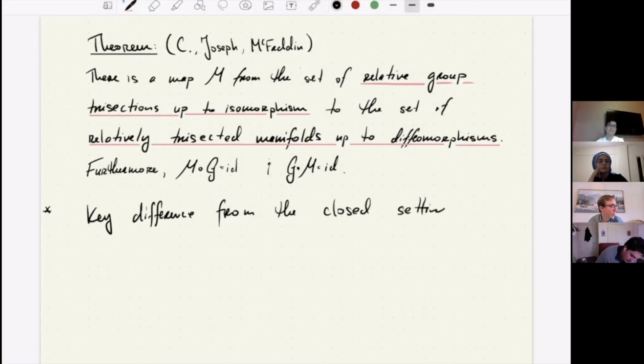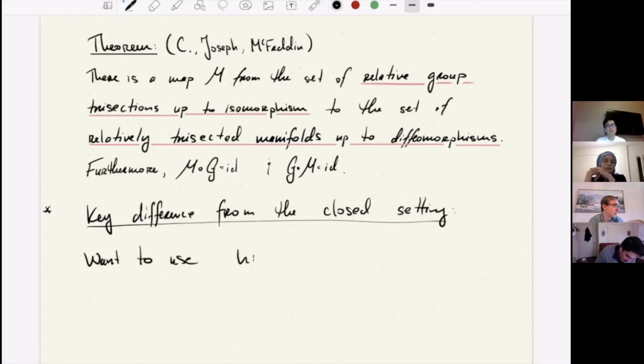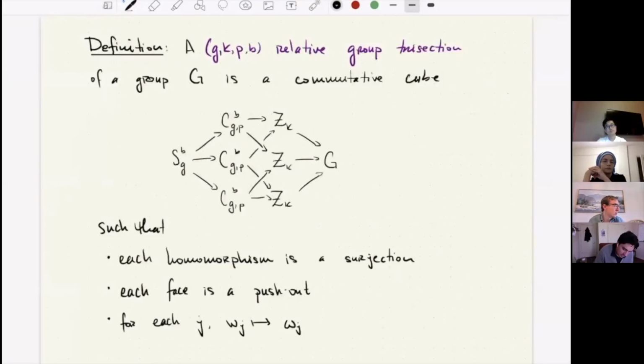And we've already touched on it a bit. And it's in this constructing of your cobordism. So we want to use one of these maps from over here, these homomorphisms.